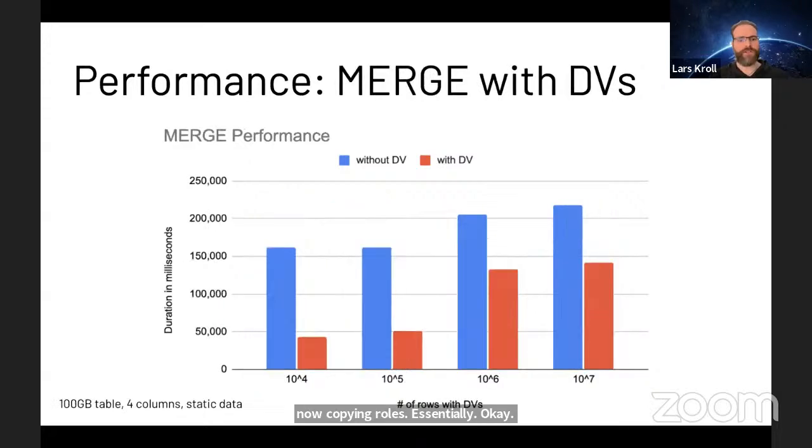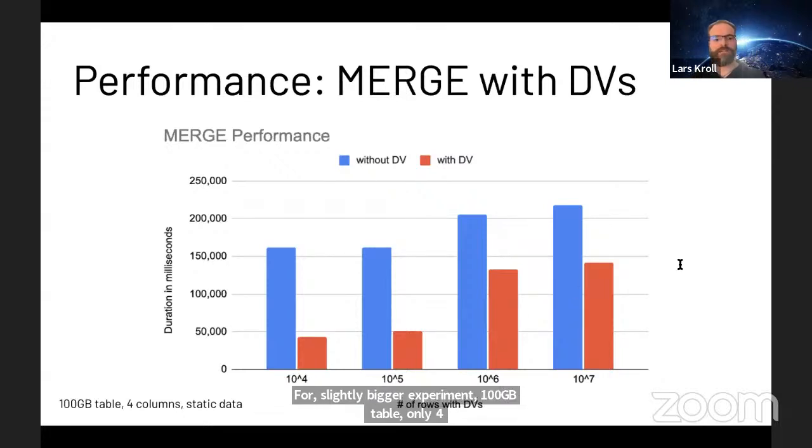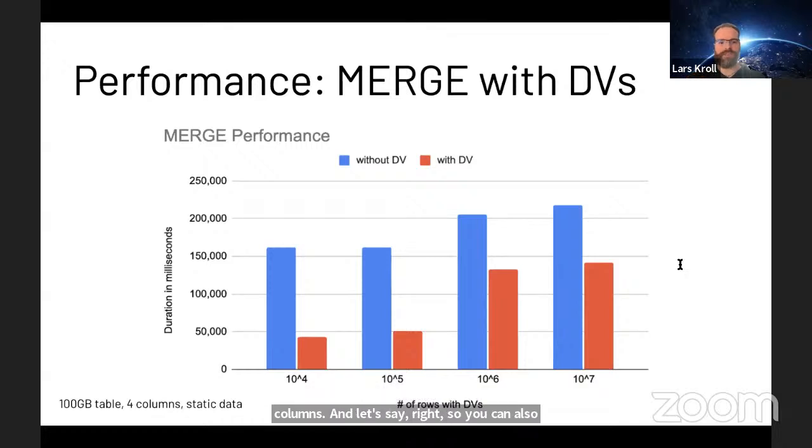For merge, slightly bigger experiment, 100 GB table, only 4 columns. And let's say, right, so you can also see as we increase the number of rows that we are eliminating via deletion vectors. So this is the merge that actually just does a delete, but it's still done via a merge.